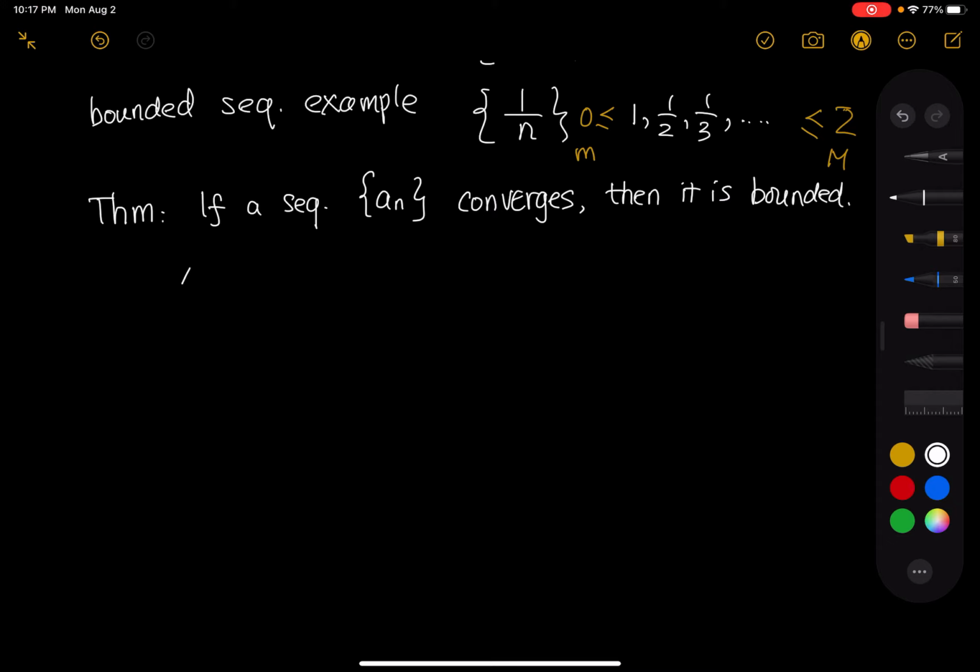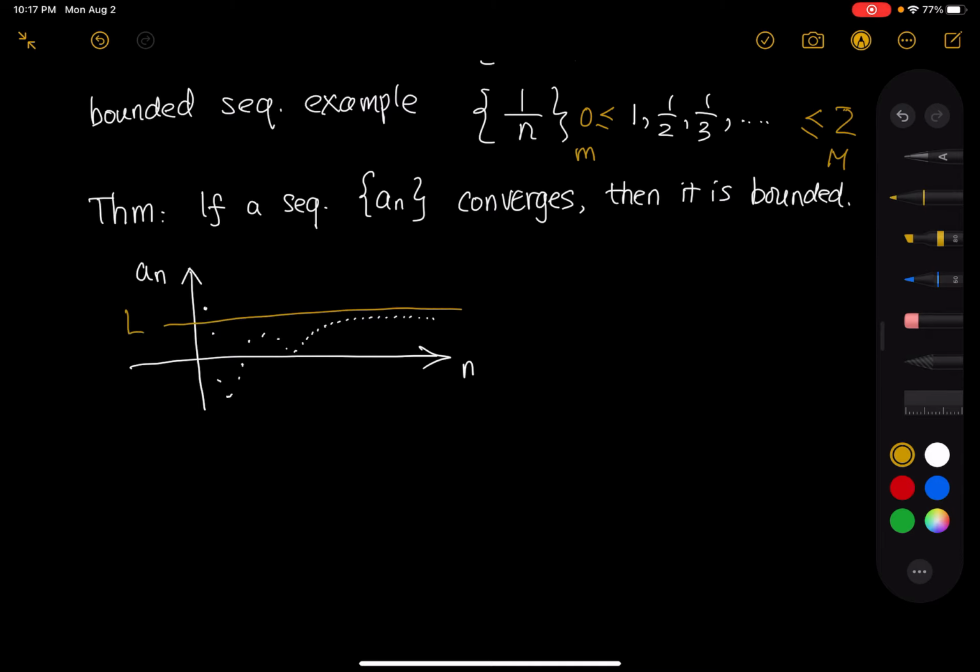In my picture, you have an n axis and an a_n axis. When n equals 1, a1 is right here, a2 right here, a3, a4, a5, a6, a7. It can be anywhere, but as long as the tail is converging to a number. It's converging to this line right here.